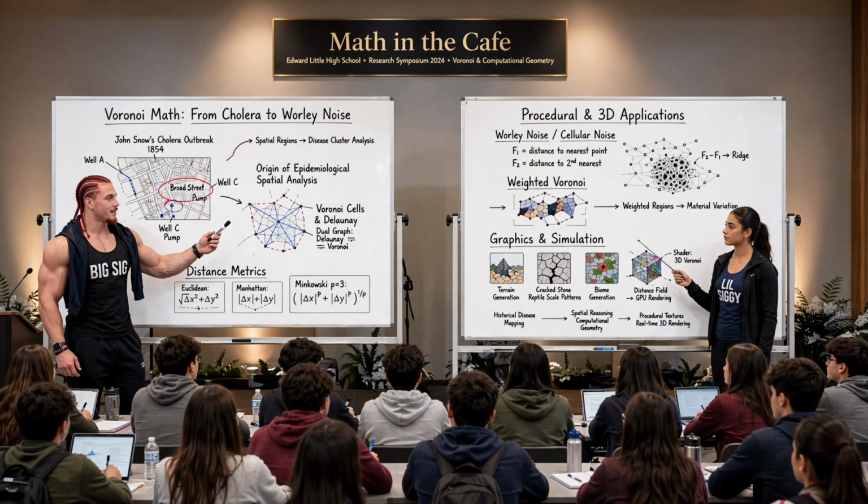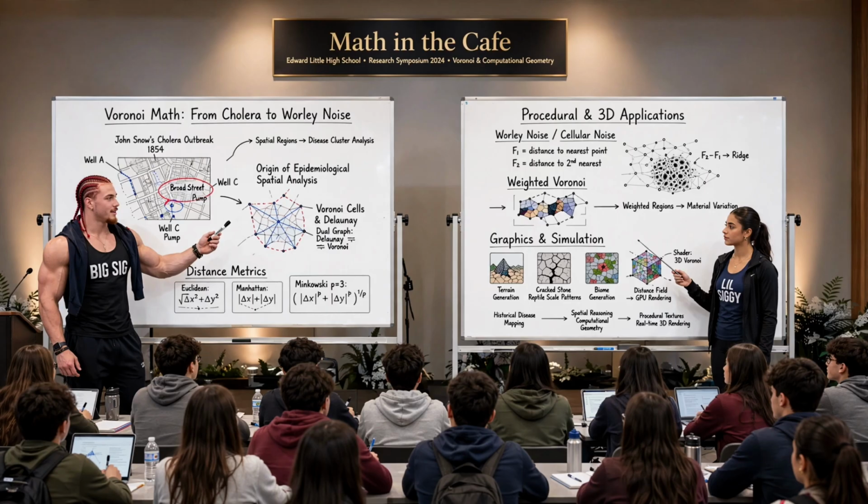To figure out which seed is closest to your current pixel, the naive approach requires you to calculate the distance from your pixel to seed 1, then seed 2, then seed 3, all the way to seed 100. Wait, 100 distance checks for just one pixel? Yes. You evaluate all 100 distances, find the absolute minimum value, and that tells you your closest seed. Then you move to the next pixel on the screen and do it all over again.